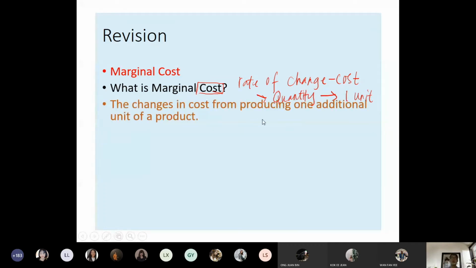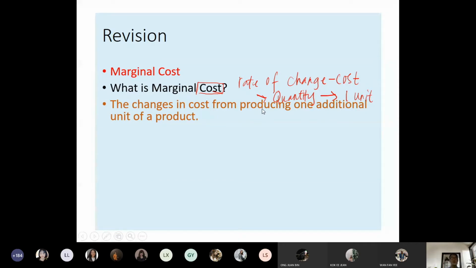So this is my definition. You can write your own, provided the same meaning. So the marginal cost is the changes in cost from producing 1 additional unit of product. If I am a manufacturer, I produce 1 more product, 1 extra product, I want to find out what is the changes in cost.